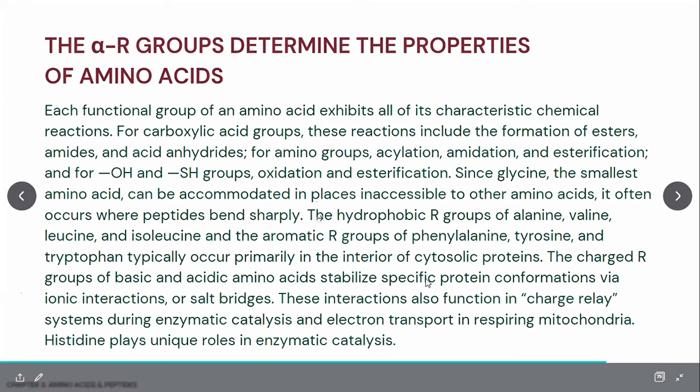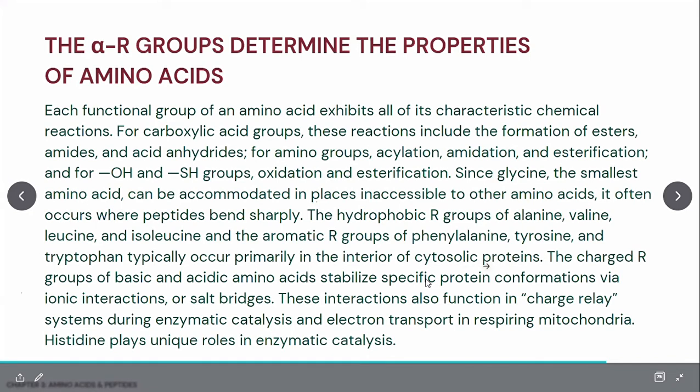The hydrophobic R groups of alanine, valine, leucine, isoleucine, and the aromatic R groups of phenylalanine, tyrosine, and tryptophan are found in the interior of cytosolic proteins.